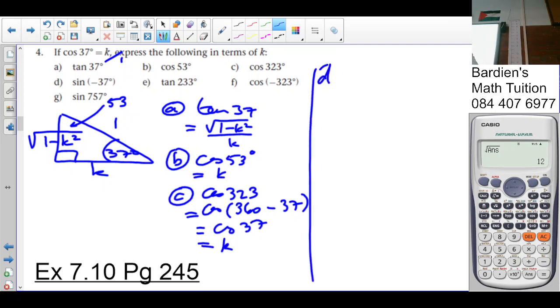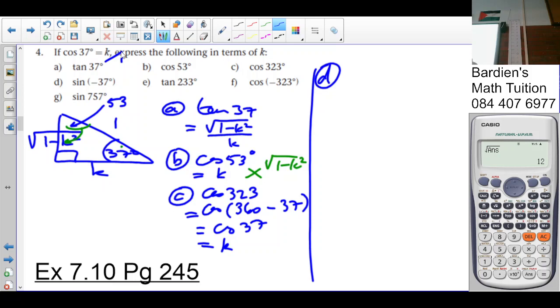Let's look at D. Yes, my mistake. I'm looking at this angle here, and it's supposed to have looked at that angle, so it's adjacent. So that should have been the square root of 1 minus k squared over 1. Thank you.